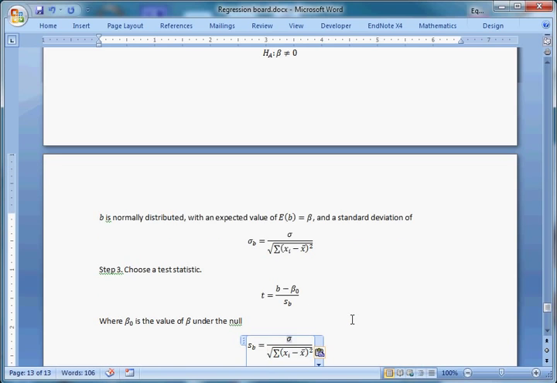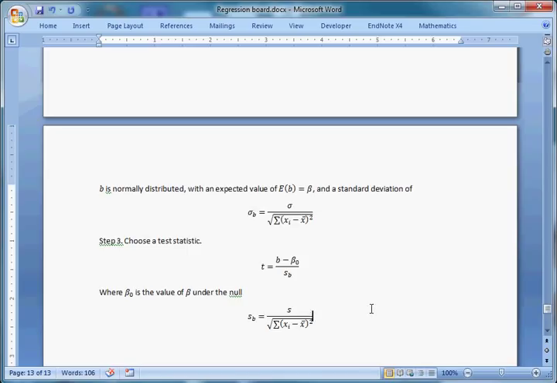So this is going to be our s sub b. It's a standard error of beta. Under the null, t is distributed with a t distribution with n minus k minus 1 degrees of freedom. And so that's what we're going to be using, a t distribution.